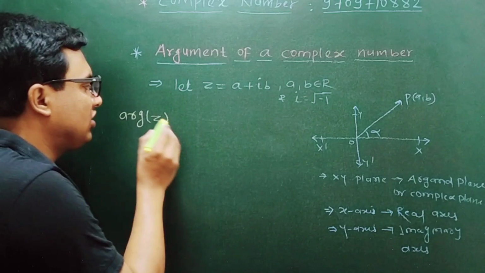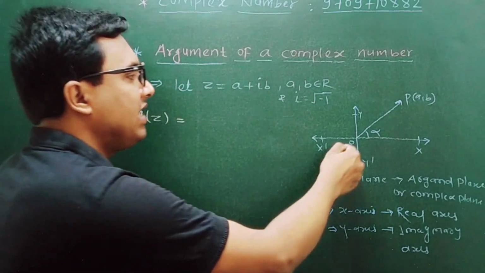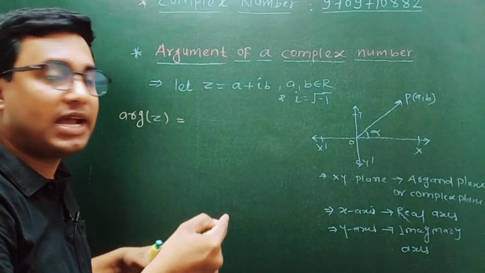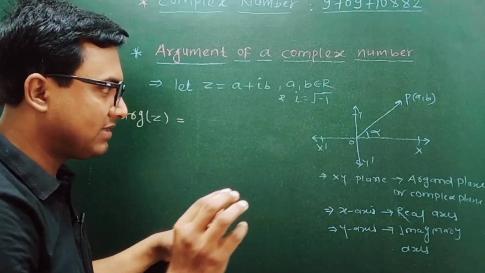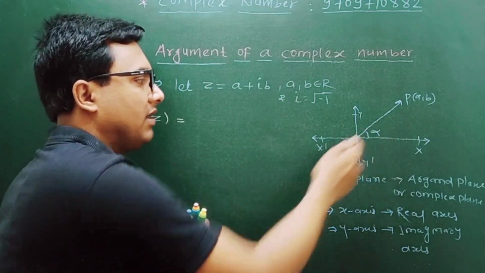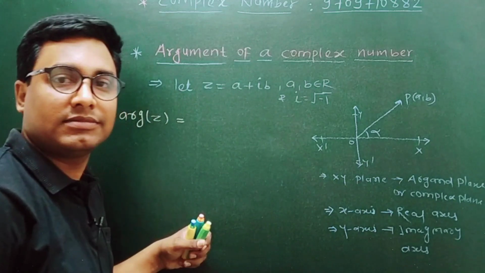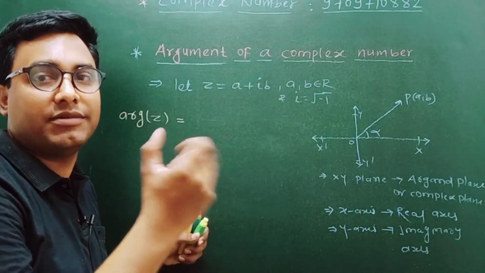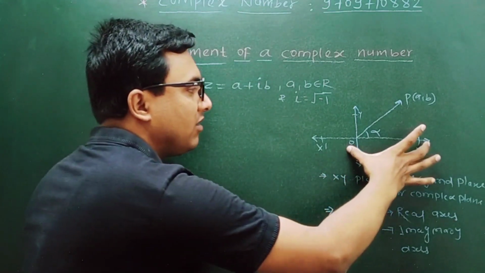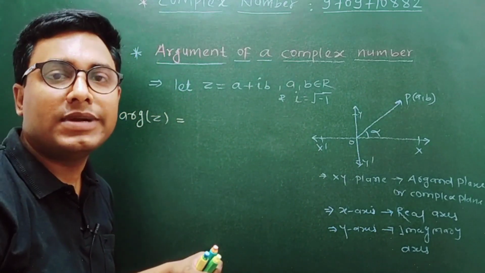Argument of z is equal to what? Line OP makes an angle alpha with the positive part of the x-axis in different quadrants, in different ways. Then this angle is called the argument of z.